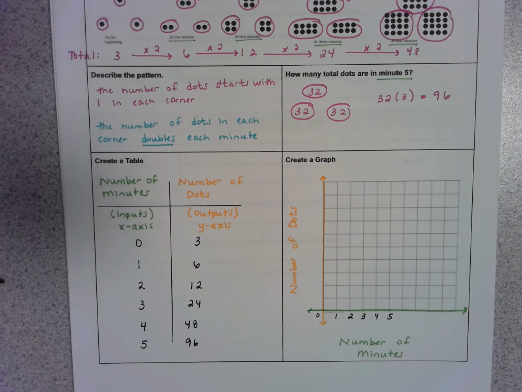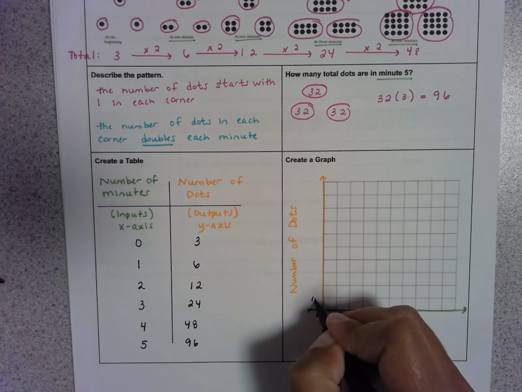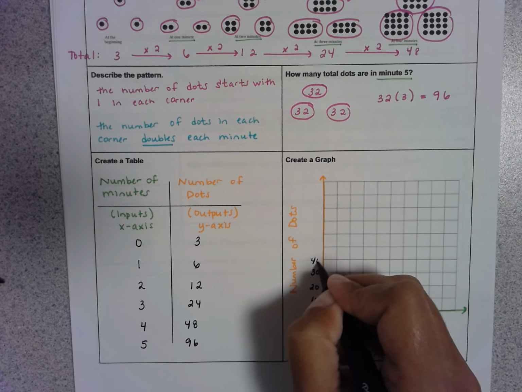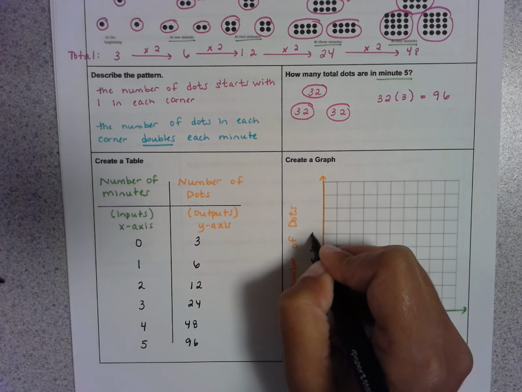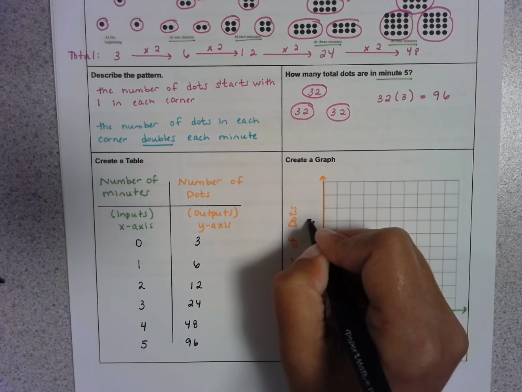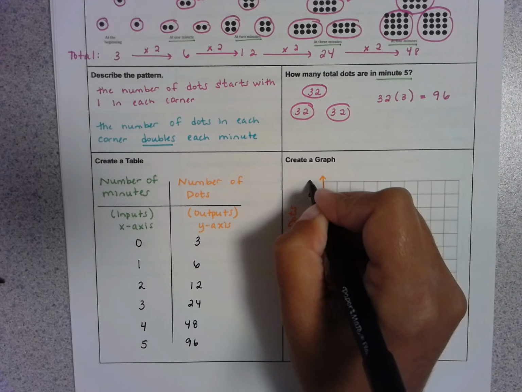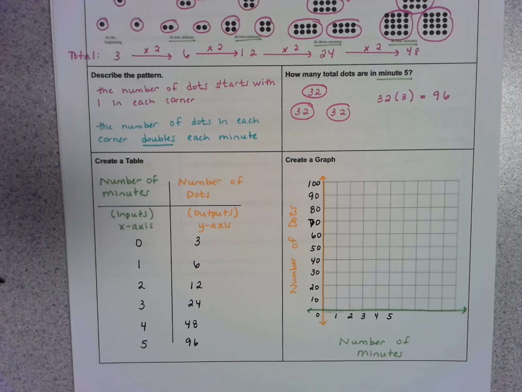I need to count by something bigger than 2 so that I can get all the way up to 96. So to do that, I'm going to count by 10s. 10, 20, 30, 40, 50, 60, 70, 80, 90, and 100.